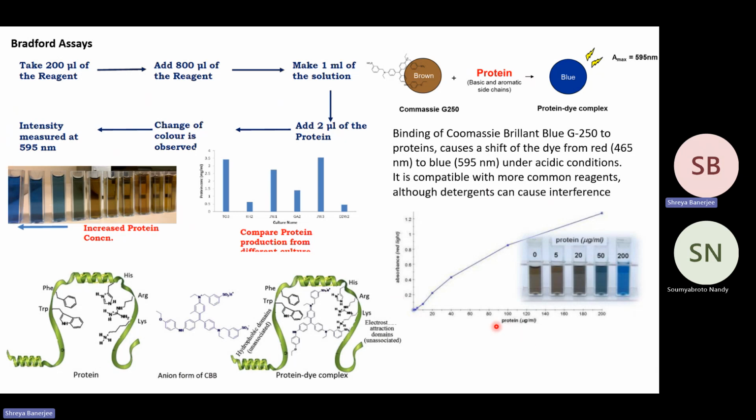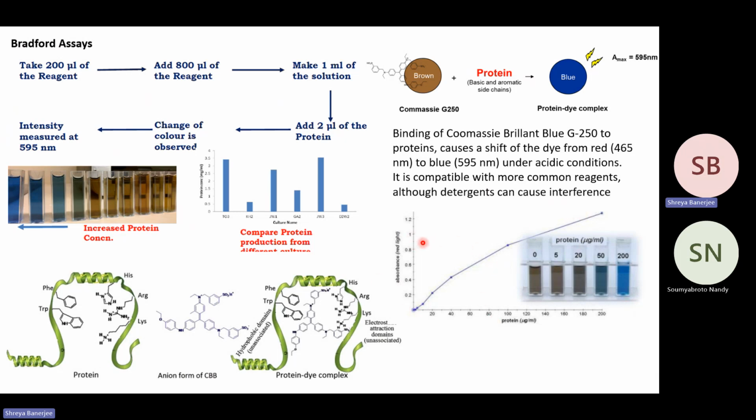So if the protein concentration is plotted against the absorbance, an increase can be seen, where initially the color was completely brown, till you have 200 micrograms per ml of protein, and then the absorbance is high and the color is around blue. But the important thing to note is that the Bradford assay is a quantitative assay, because from the curve you can estimate.